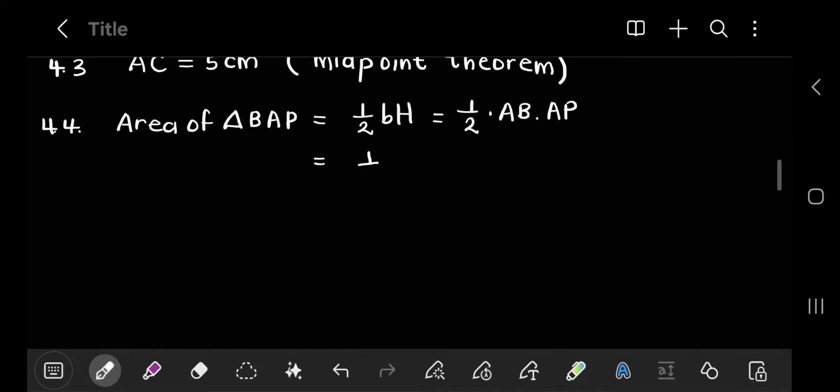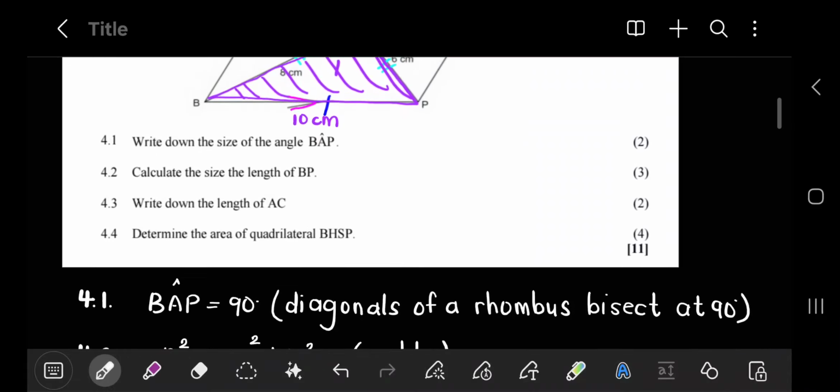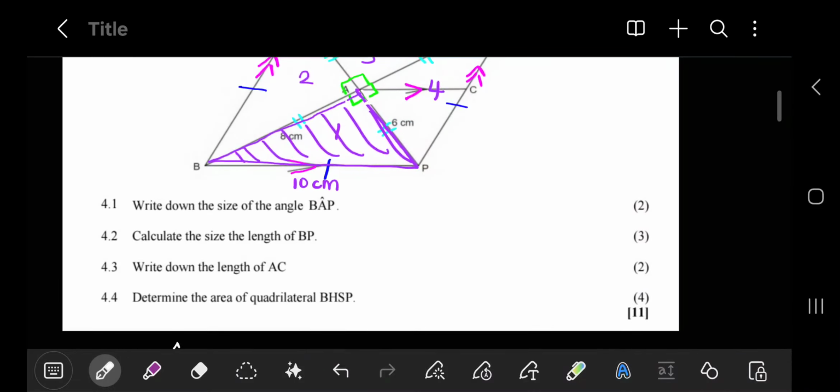So let's substitute. This should give you 24 centimeters squared. Remember, for area, your unit is always squared. Now, since we know the area of the one triangle, we're just going to multiply it by 4 to get the area of BHSP.